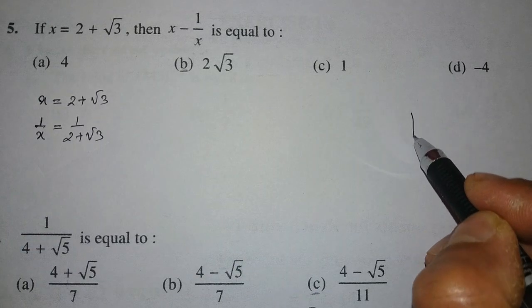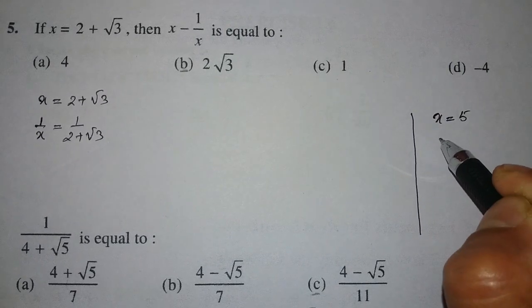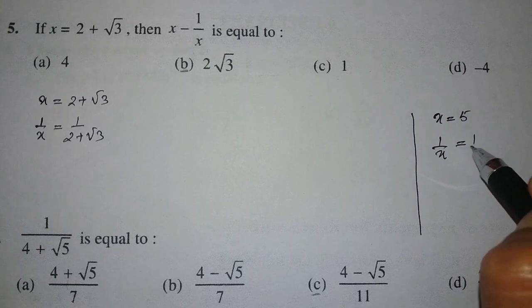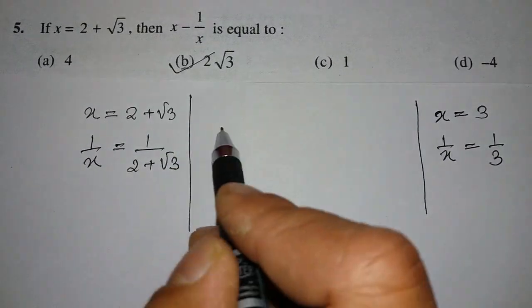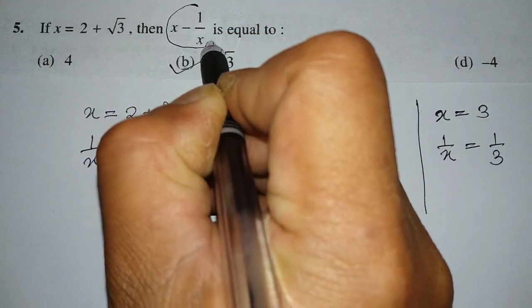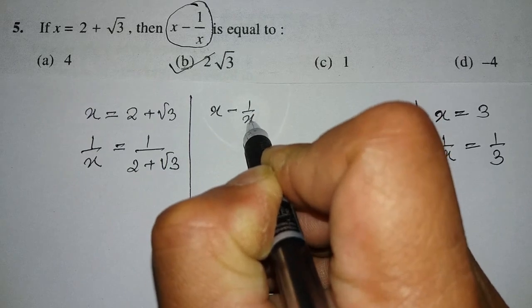This is a very simple logic. If x is equal to 5, then 1 by x will be equal to 1 by 5. Okay, now what we are going to find here is x minus 1 by x.